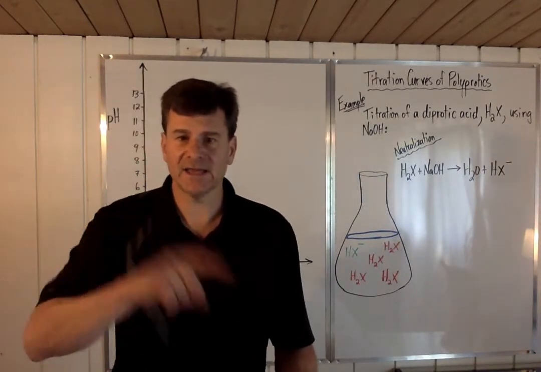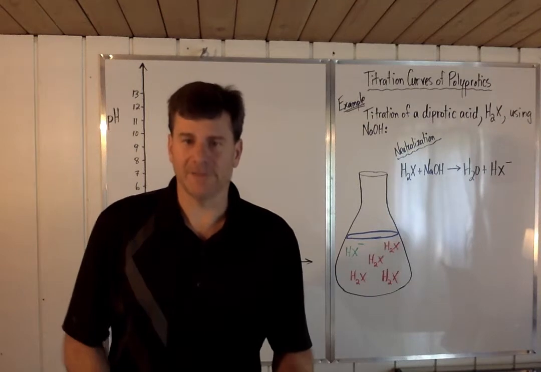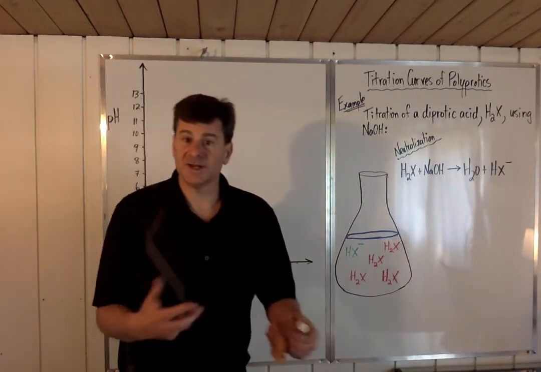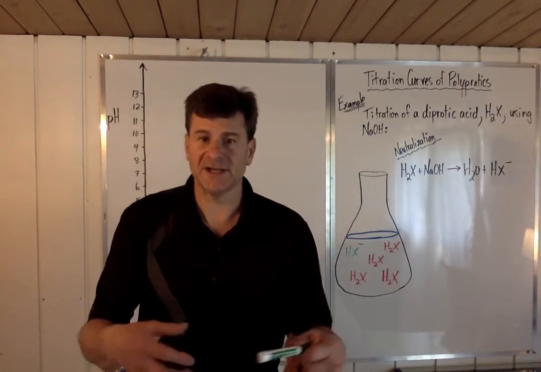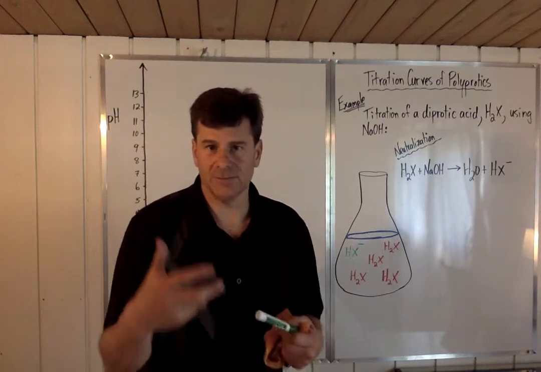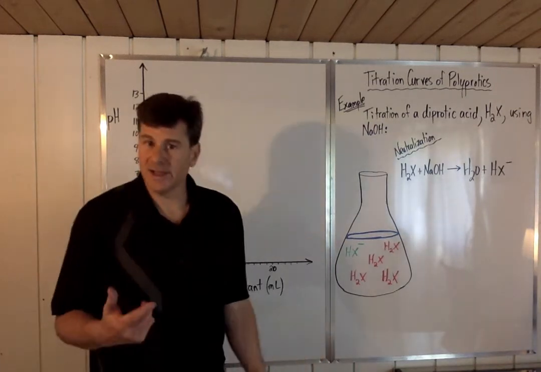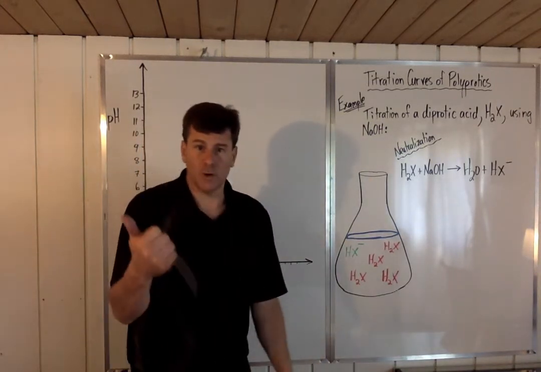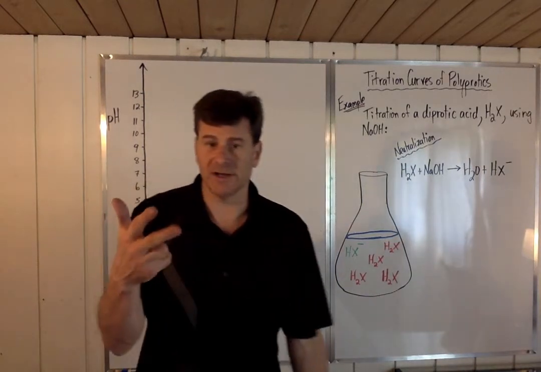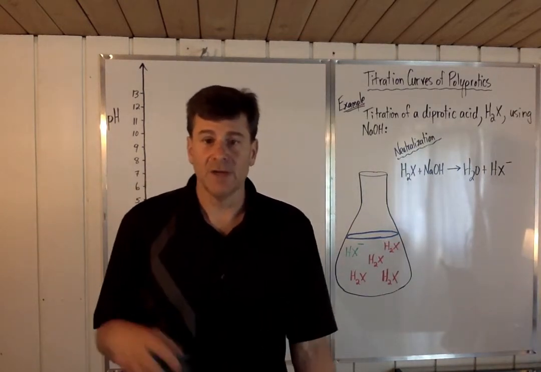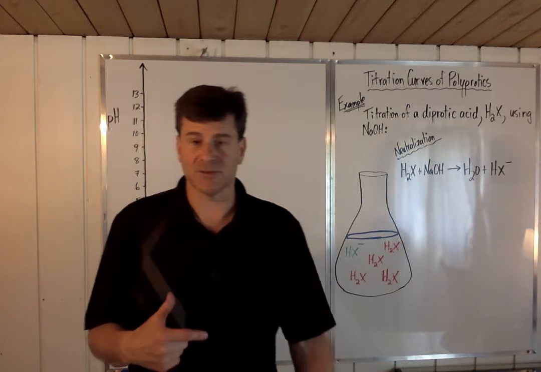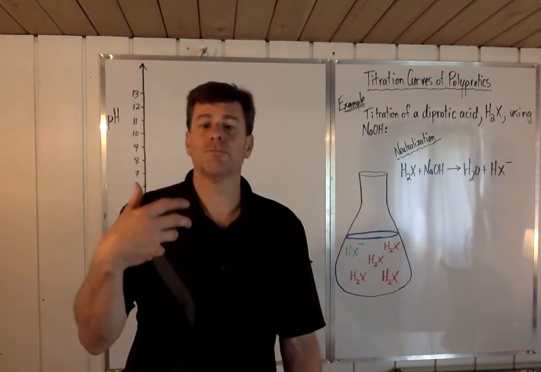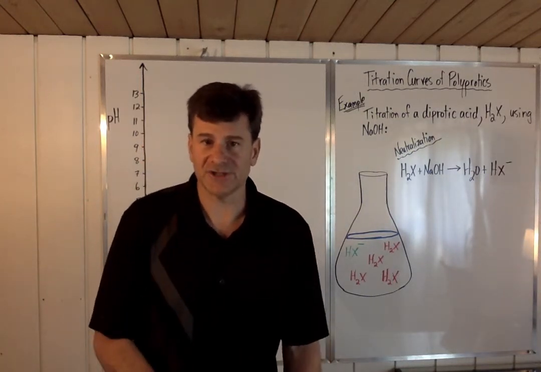I add a second NaOH into there. And what does it do? It pulls an H off of the strongest available acid. Well, okay, now we've got some choices. We've got water, we've got H2X, and we've got that green HX minus that's floating around in there. But since there's lots of H2X's around, the NaOH is most likely to react with the H2X.